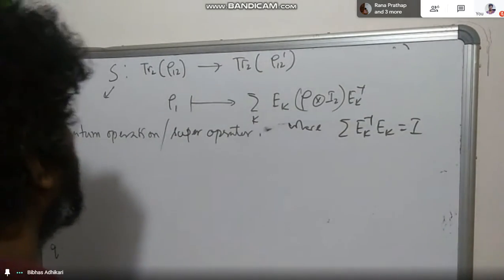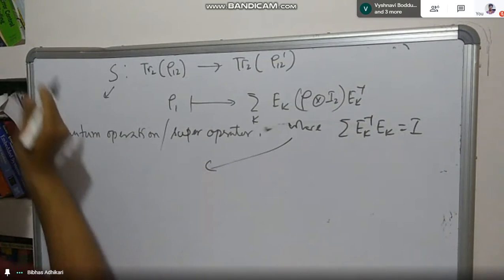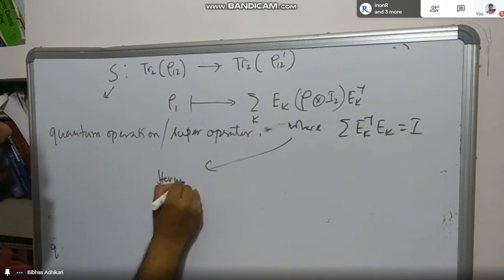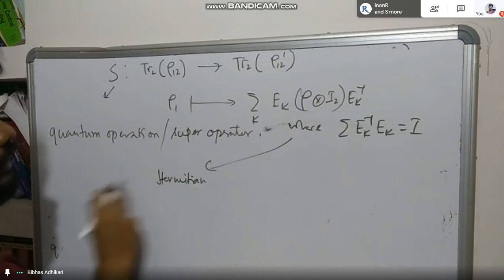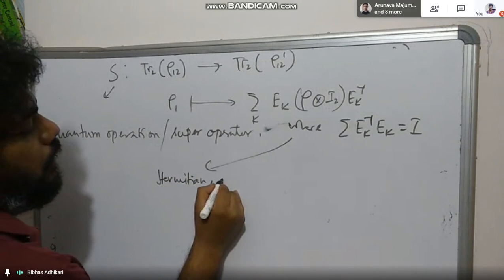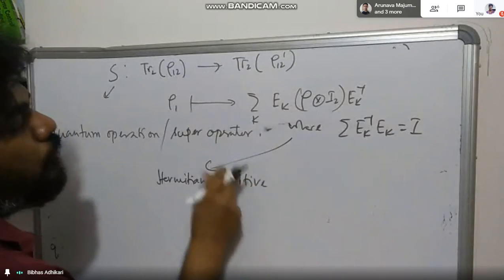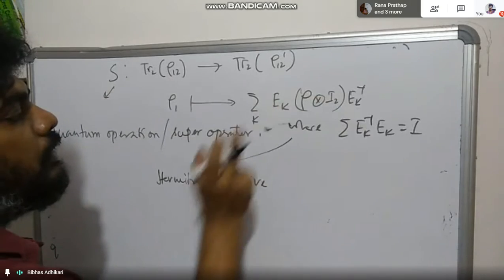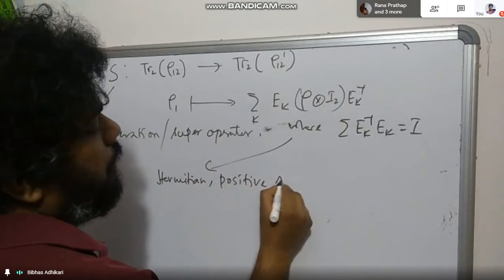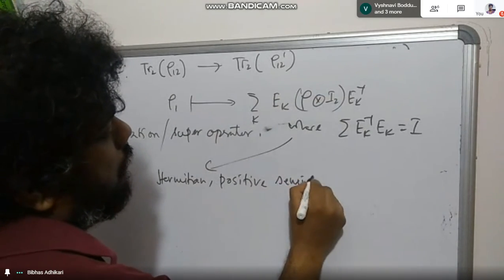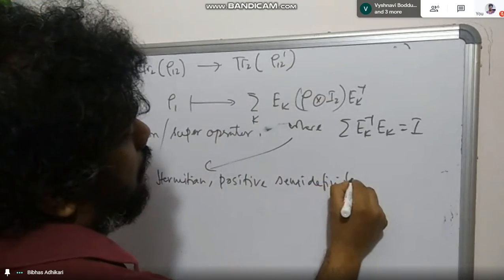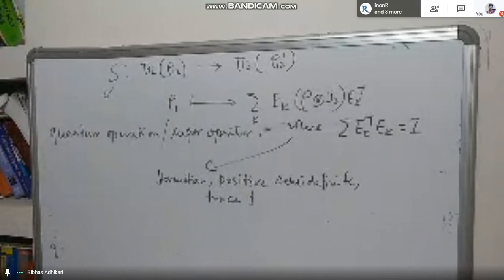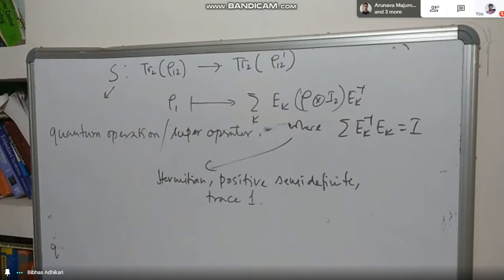That's the rule of evolution. This matrix will be Hermitian. You can check that. By definition it is Hermitian, but you can also check. This will be just homework to see how to handle this kind of matrices and matrices of this particular structure. Positive semi-definite, and trace 1. That's it.